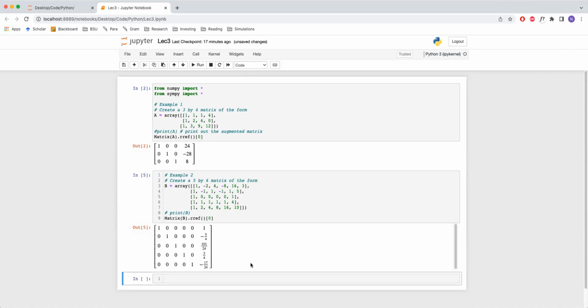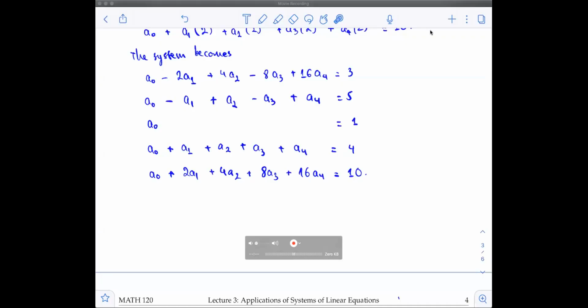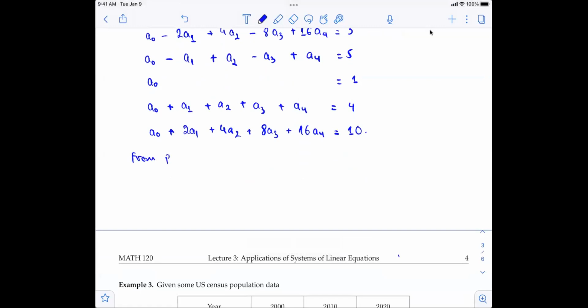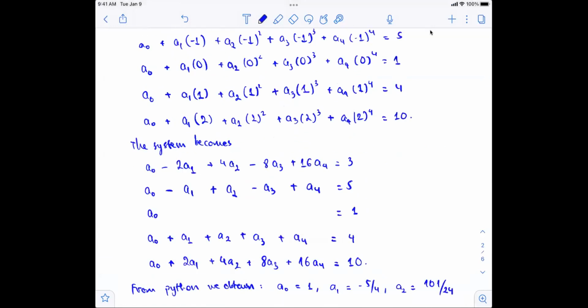All right, so let me go back to the notes and we're going to write out the representation of the polynomial function. I get that from Python. We obtain a0 equal to 1. a1 is equal to -5/4. a2 is equal to 101/24.